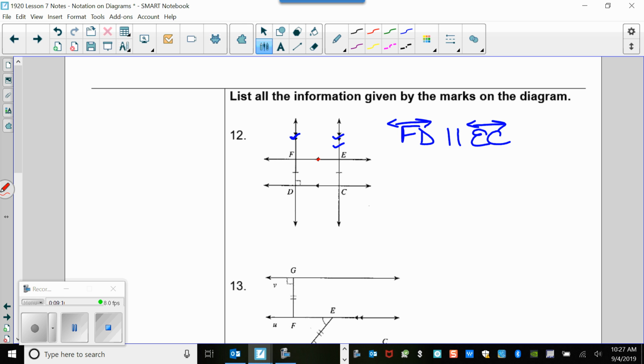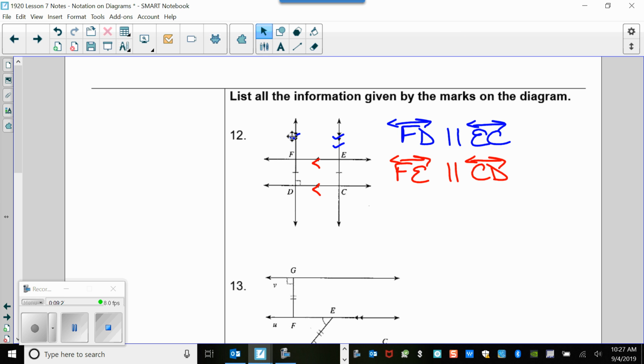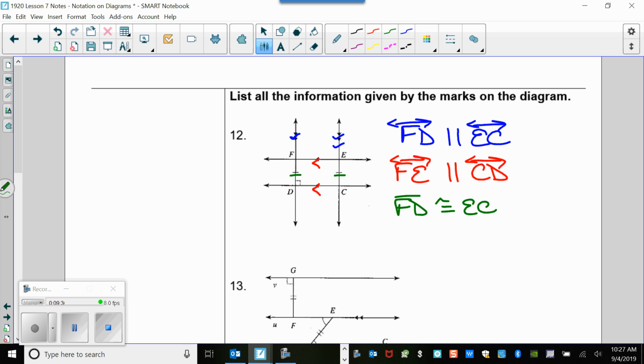I see single carets here, so that means line FE is parallel to line CD. I see single ticks, so that means segment FD is congruent to segment EC.